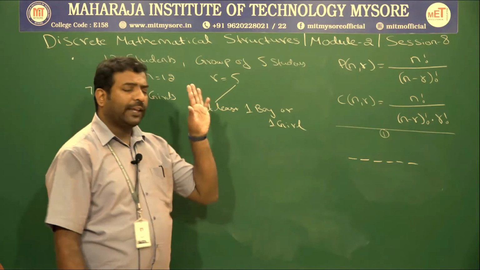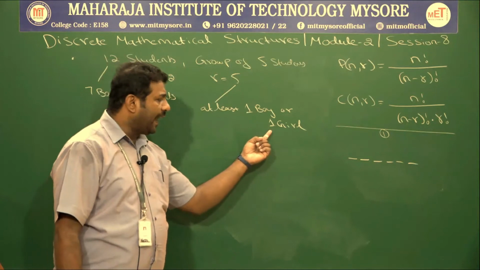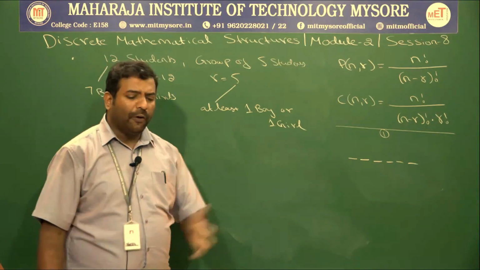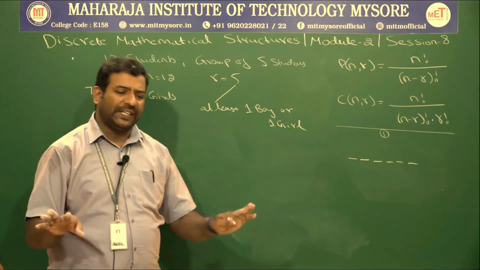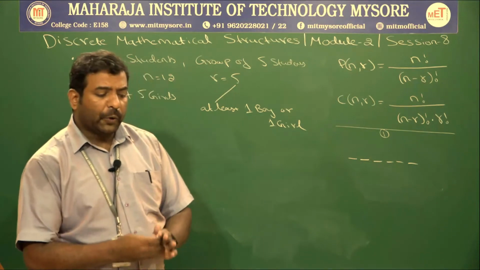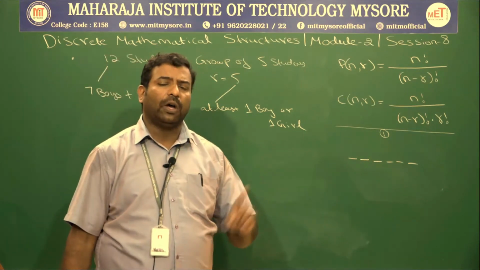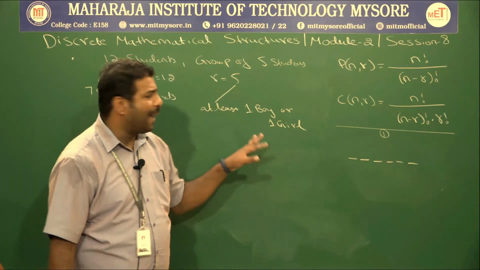There can be 4 boys and 1 girl, 4 girls and 1 boy, or 2 boys and 3 girls, 3 boys and 2 girls, any combination, but I need to make sure the group contains at least 1 boy and 1 girl. So in this case, what exactly am I going to do?